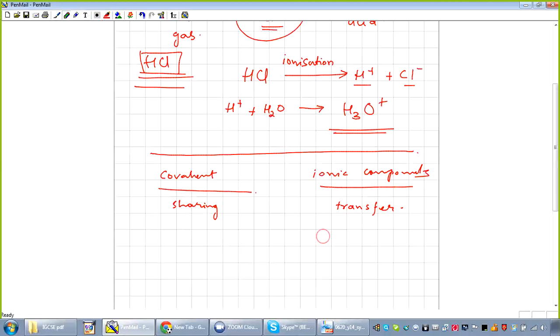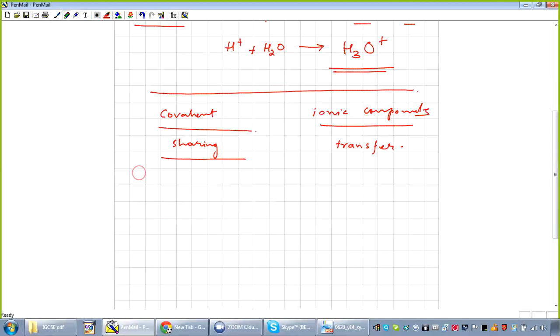The simplest example of a polar covalent compound is HCl, and the simplest example of an ionic compound that we are going to take is NaCl, sodium chloride, which already exists in the form of Na plus and Cl minus, the ionic form.